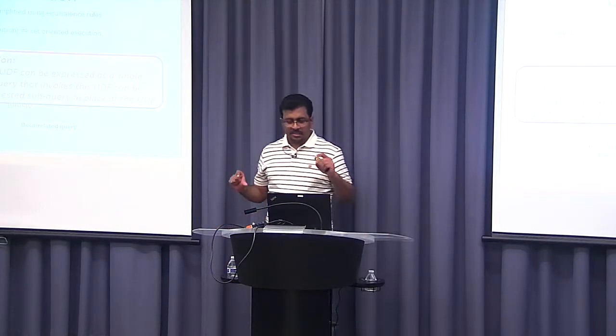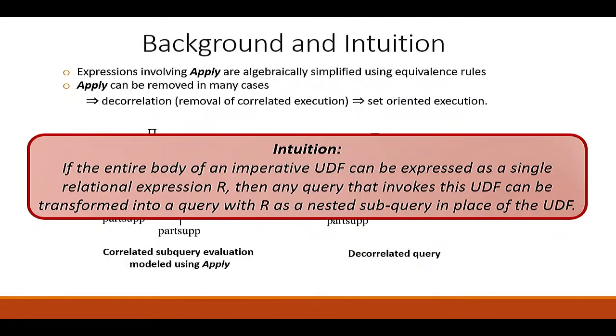So to summarize the intuition, if we can take an imperative user-defined function and express the entire body of that function as a single relational algebraic expression, or an SQL query, if you will, then any query that calls this function will be seen as a query with a subquery which is equivalent to this function. So once you can express a UDF as a subquery, then you are in familiar territory. Then the optimizer can do all its subquery optimization techniques that it knows.